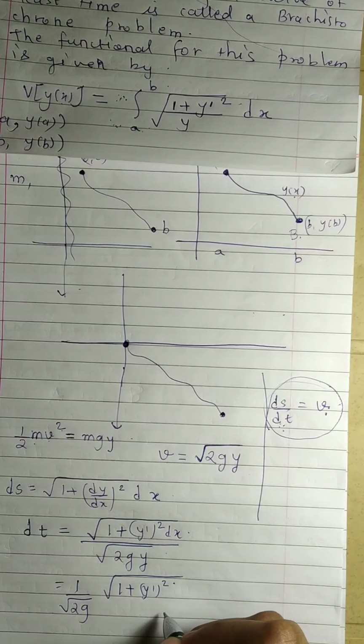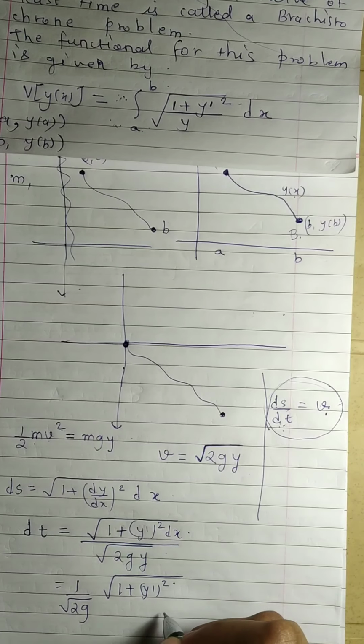Then it becomes root of 1 plus y dash square divided by 2gy, dx. Therefore we get this functional. Whatever this quantity is, it is giving us time, and we want that curve which will minimize this functional.